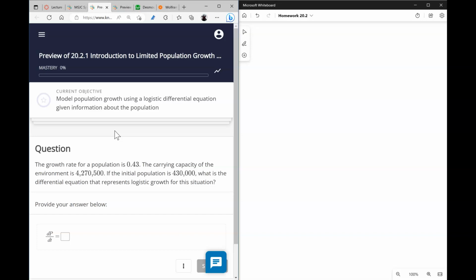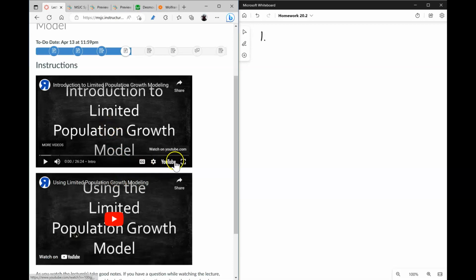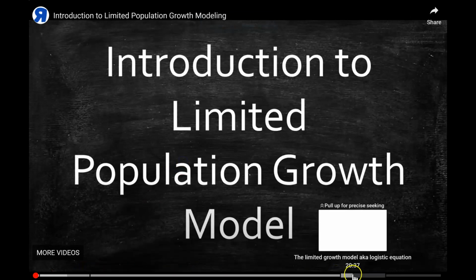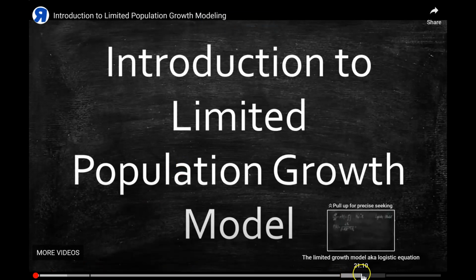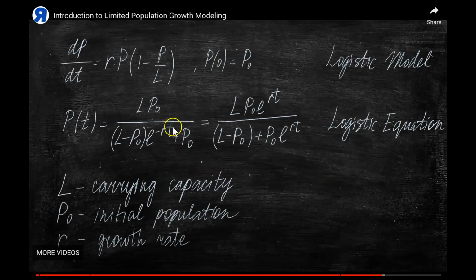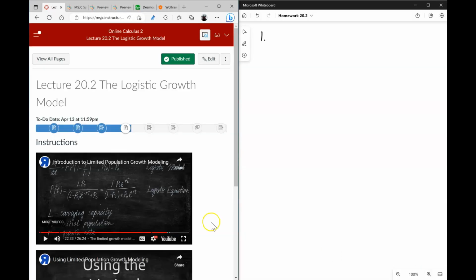So the first question is, we are given some data and we have to write the equation. Before we do that, let's take a look at what the equation looks like. I probably need to copy it over. So the solution to the logistic equation looks like this.